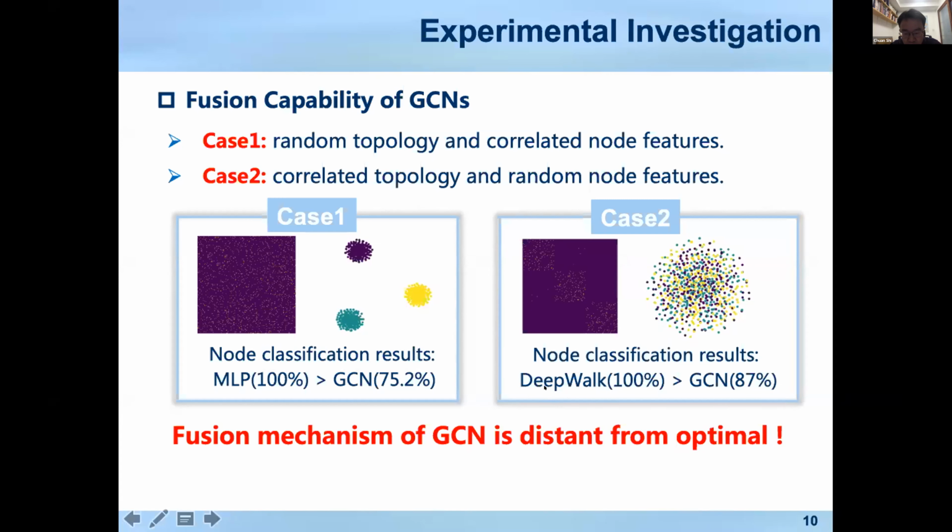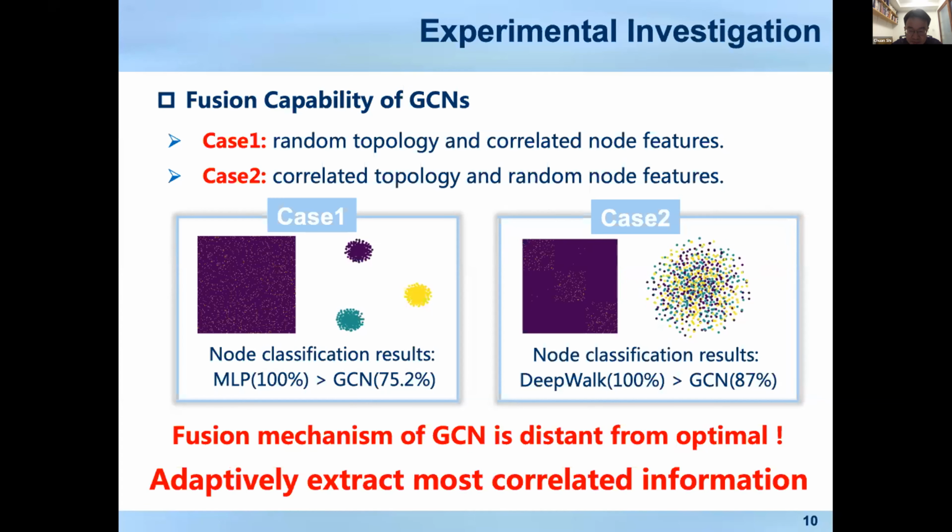The result is also reasonable because DeepWalk only handles the structure, while the random node features hurt the performance of GCN. From the experiment, we can find that the fusion mechanism of GCN is far from optimal. So it motivates us to adaptively extract the most correlated information of the structure and features according to the task.